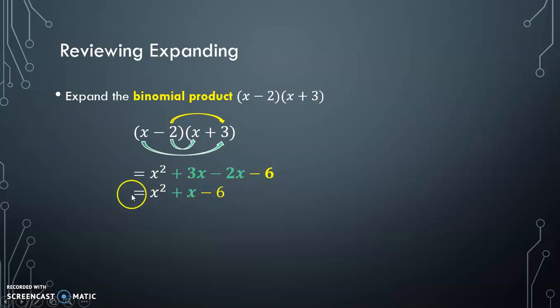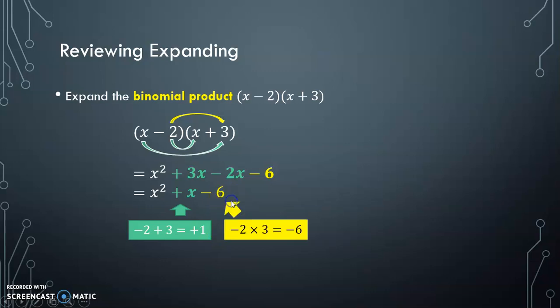So let's look at this expanded result. We notice that this plus x means that the coefficient of x is plus 1. That is because we have a number 3 and a number negative 2 added together to become plus 1. Similarly, we look at the constant term, which should be negative 6. The negative 6 is provided by negative 2 multiplied by plus 3.